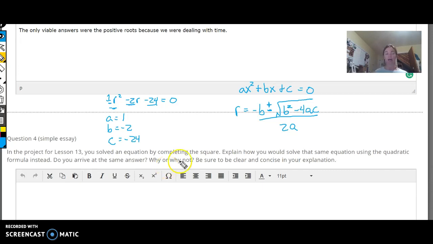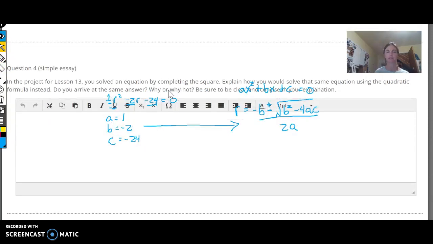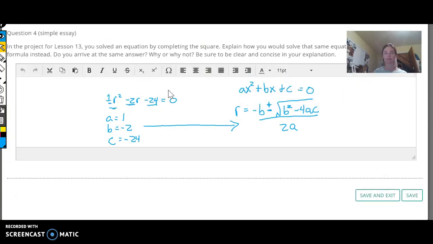Okay, so now I am going to plug these values into this equation. And I am going to scroll down to here, just so we have a little bit more clear space there.